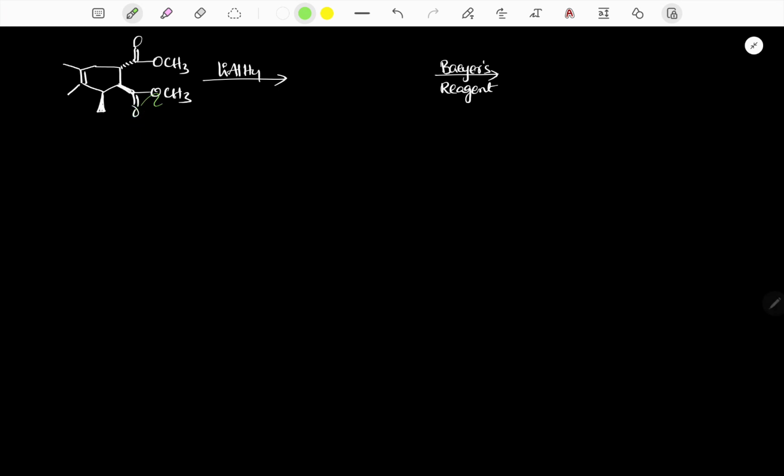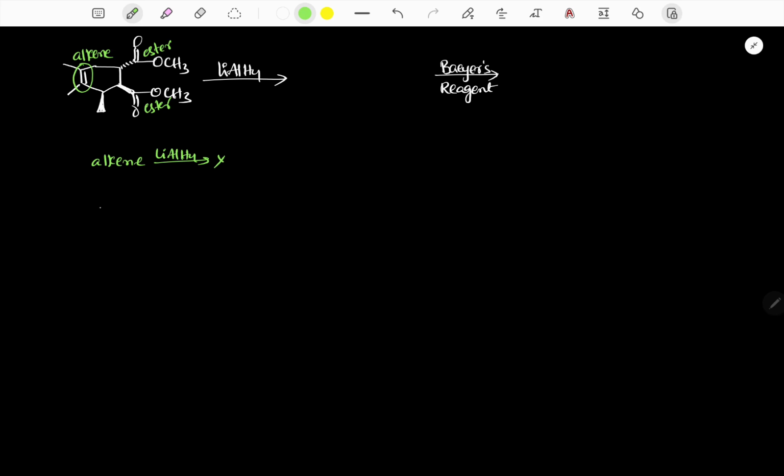The reactant has two functional groups. One is alkene and another is carboxylic ester, and this one is also a carboxylic ester. We know that alkene does not react with LiAlH4, lithium aluminum hydride.